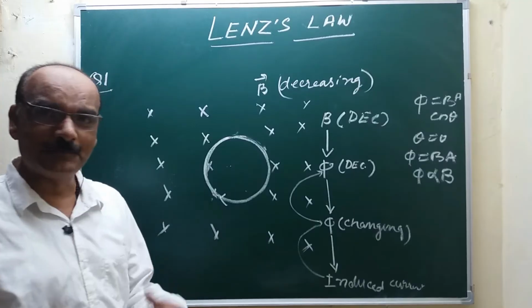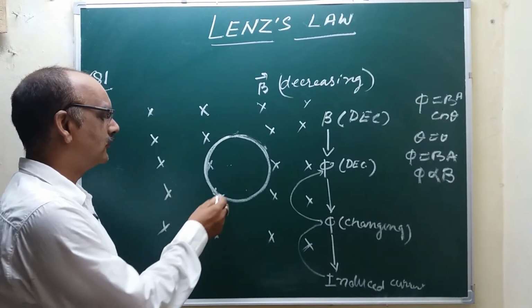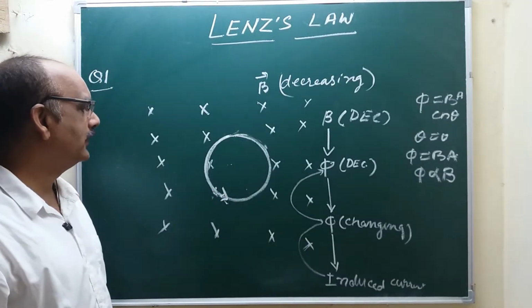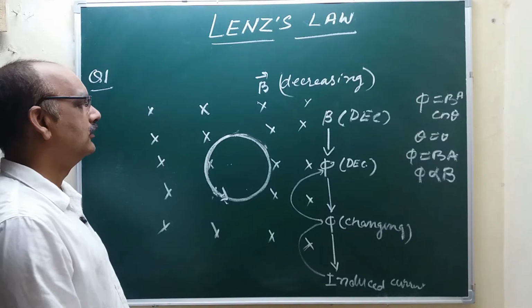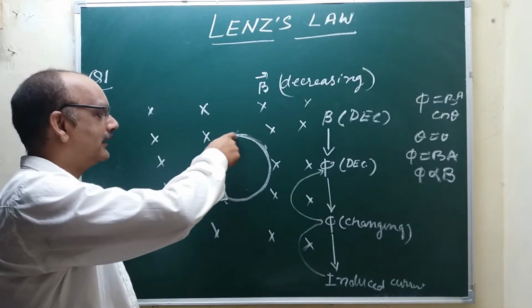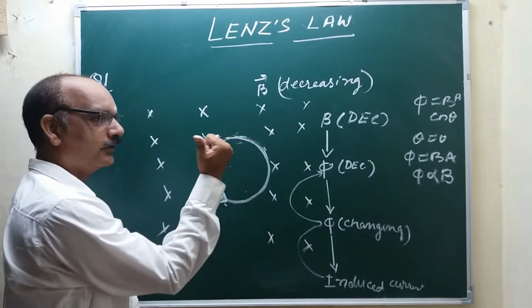ठीक? आप कहेंगे सर अगर it is anti-clockwise, then what will happen? When it is anti-clockwise, then original magnetic flux is decreasing inward. Magnetic flux due to this induced current will be outward.